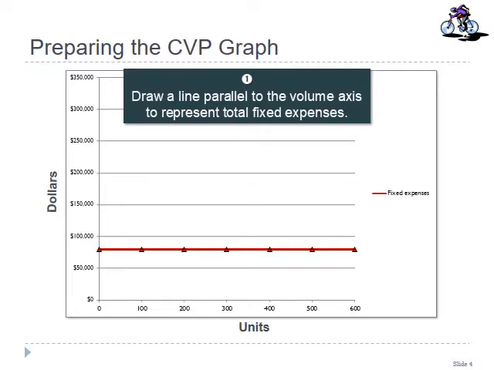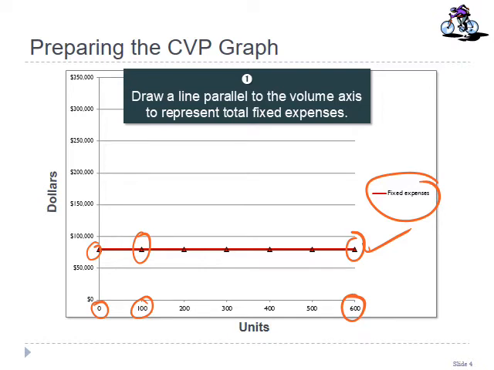So here this line is basically the fixed line, fixed expenses. You look at your PPT and you can find that the fixed cost when 0 units are sold is 80,000. When we sold 100 units, it's still 80,000. When we sell 600 units, it's still 80,000.